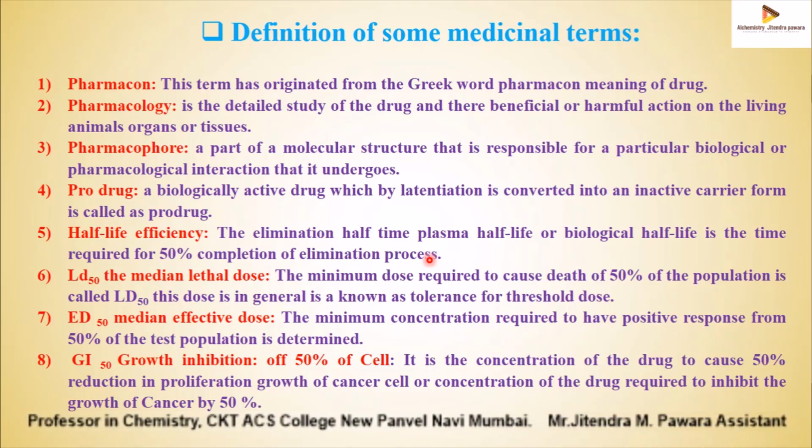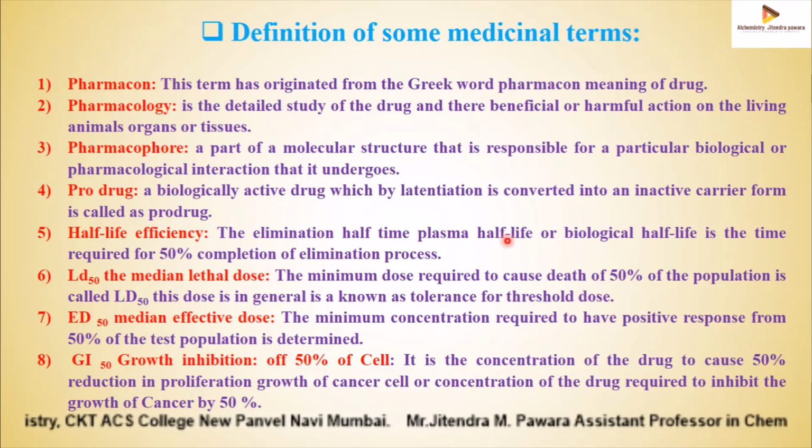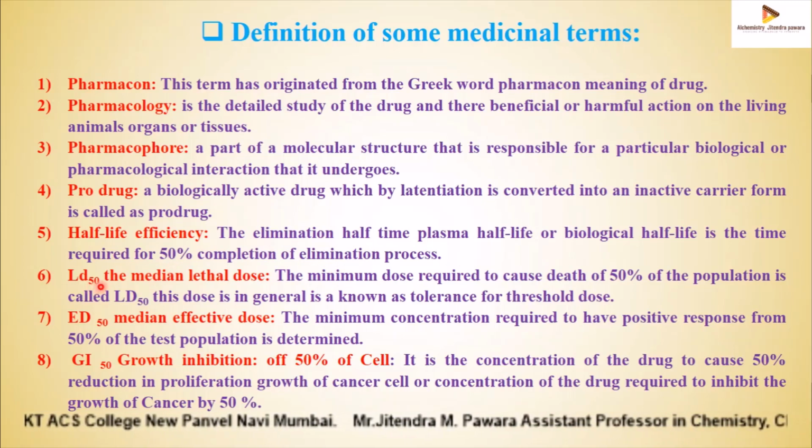Reduced elimination of the drug causes prolonged biological half-life and prolongation of drug effect. So in a simple way, you can say that the time required for 50% completion of the elimination process is called half-life efficiency.